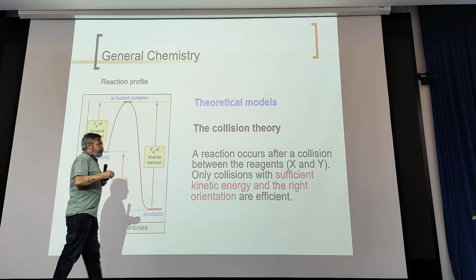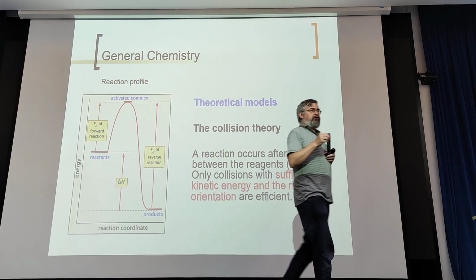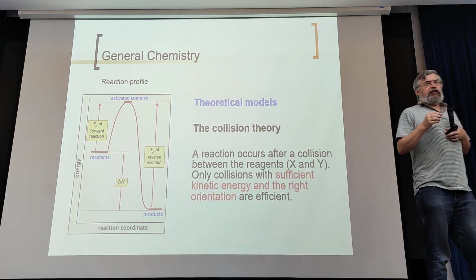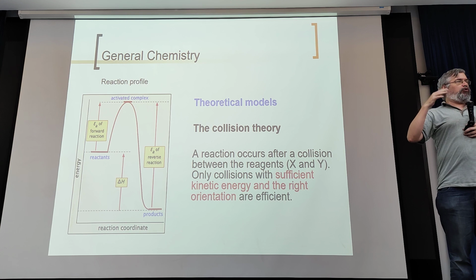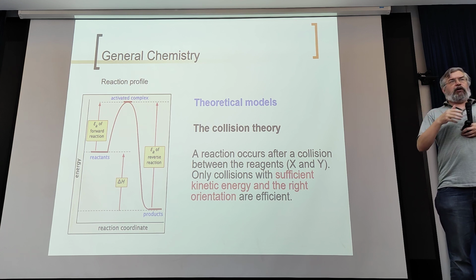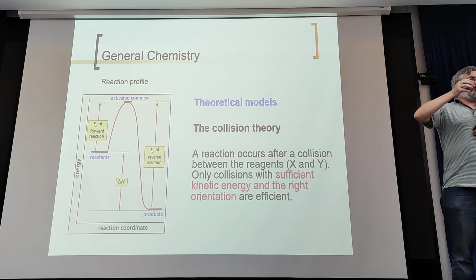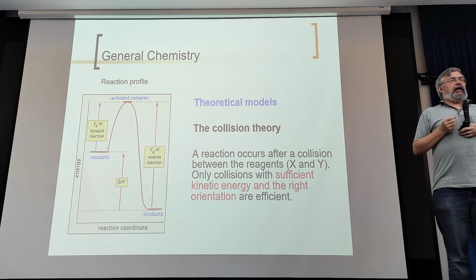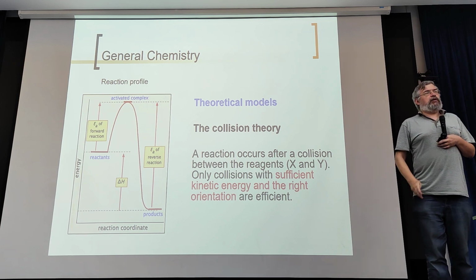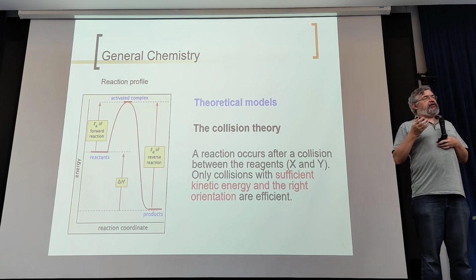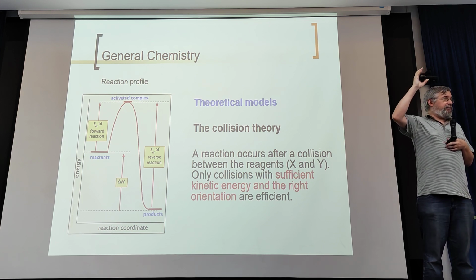Now, in order for the reaction to proceed, the molecules need a certain amount of energy. They can get this energy from the temperature, by the vibration of the molecules, by the fact that the molecules are moving around. They will actually collide with each other, and this puts the reagents in a more activated state, meaning higher in energy.